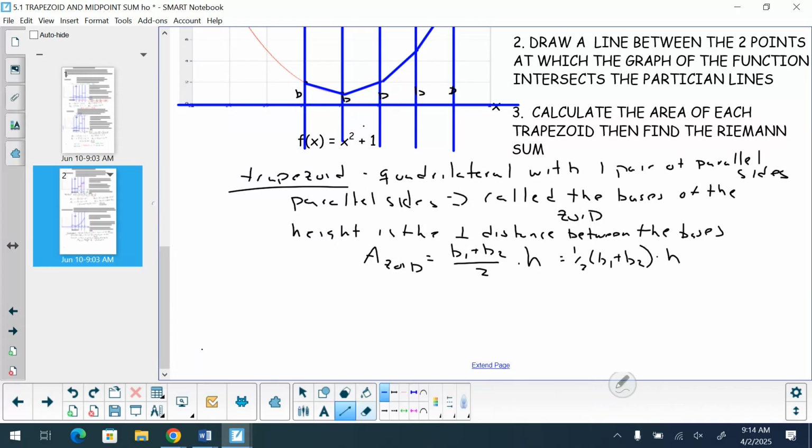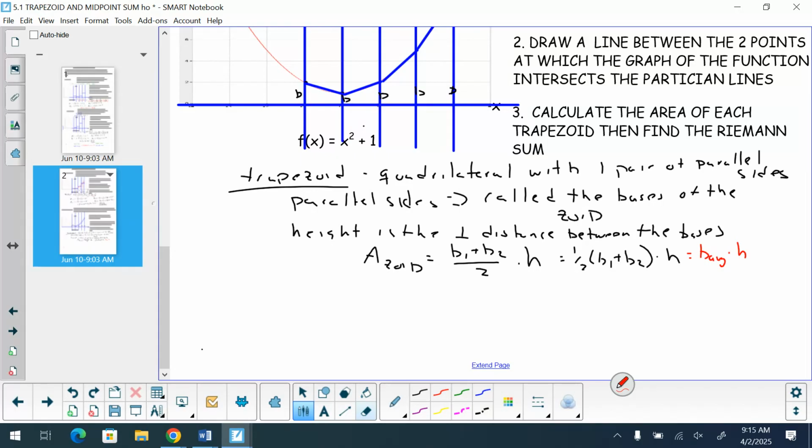What I like to utilize, because when I taught geometry years and years ago, I tried to keep it all in the same mental aspect of how we calculate the areas: base times height, base times height, base times height.